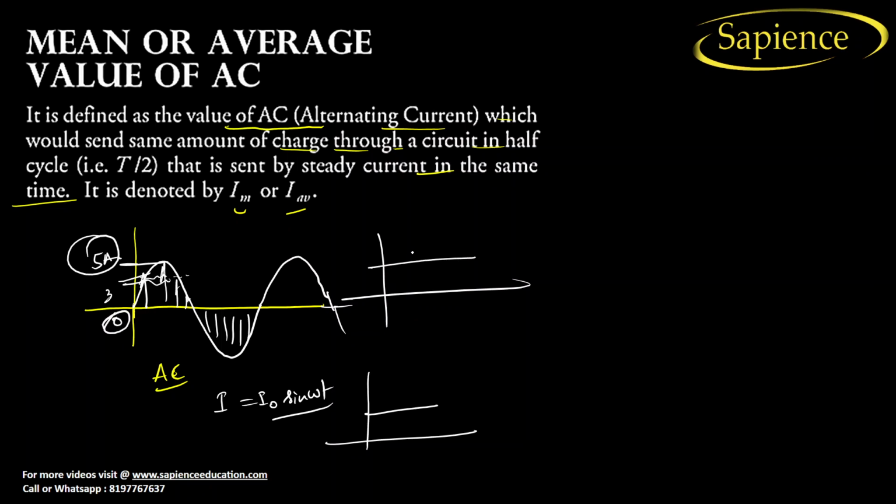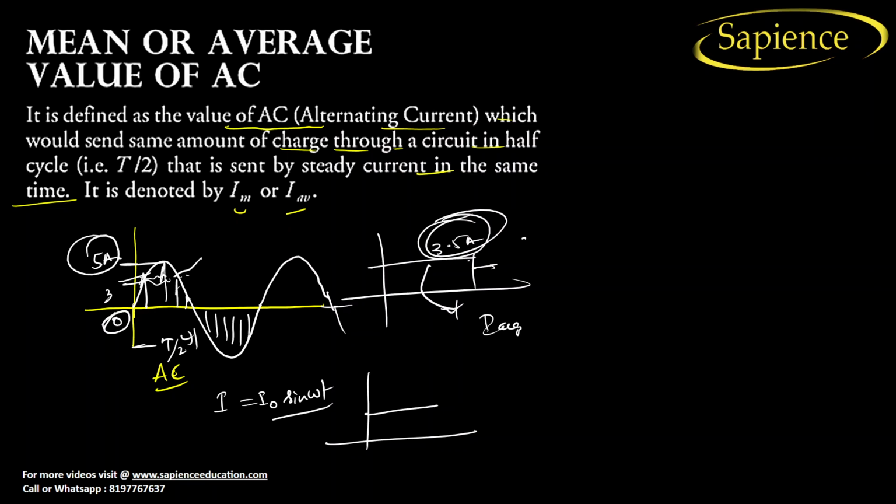Now we have this 3.5 ampere. The amount of charge sent by 3 ampere current in a time period of T by 2 is equal to, see here, the amount of charge sent by this AC current and the amount of charge sent by this steady current is the same. Then this current is known as I average current.